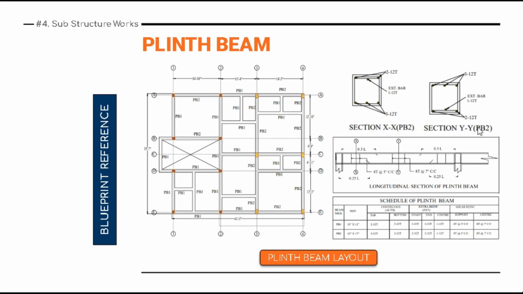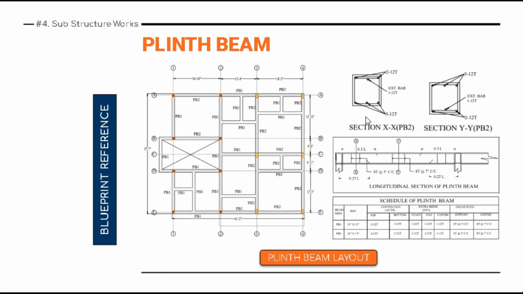This is the XX axis and this is the YY axis, basically for reference. Here you can see two 12 mm dia rods on top, and one extra bar of 12 mm has been mentioned, and in the bottom you can see 3 bars of 12 mm have been used.